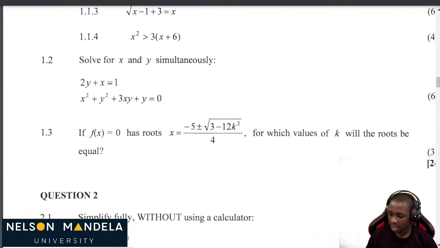So coming to this instance, we are given that 2y plus x is equal to 1, and we are also given that x squared plus y squared plus 3xy plus y is equal to 0.